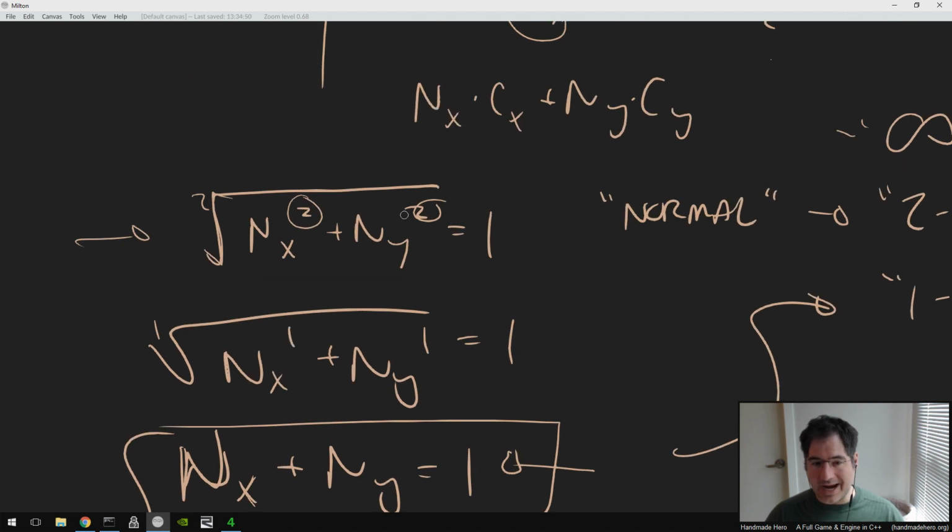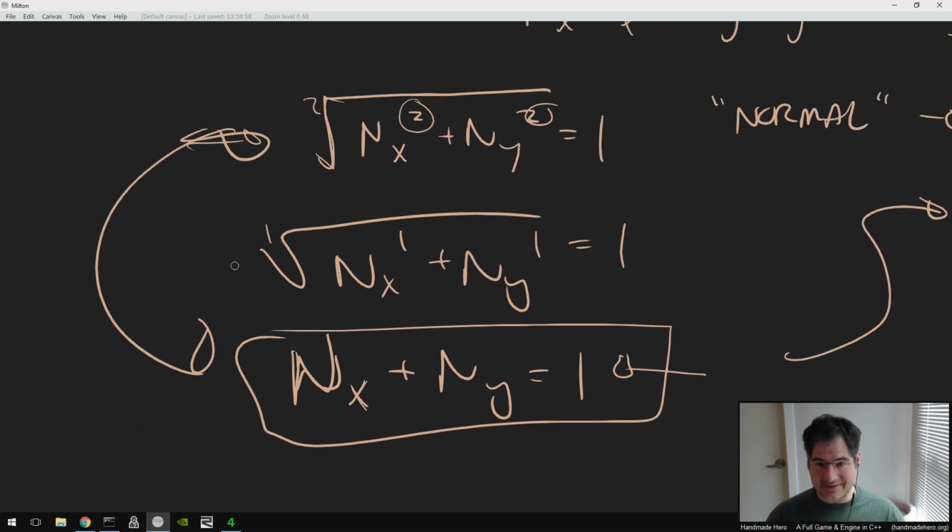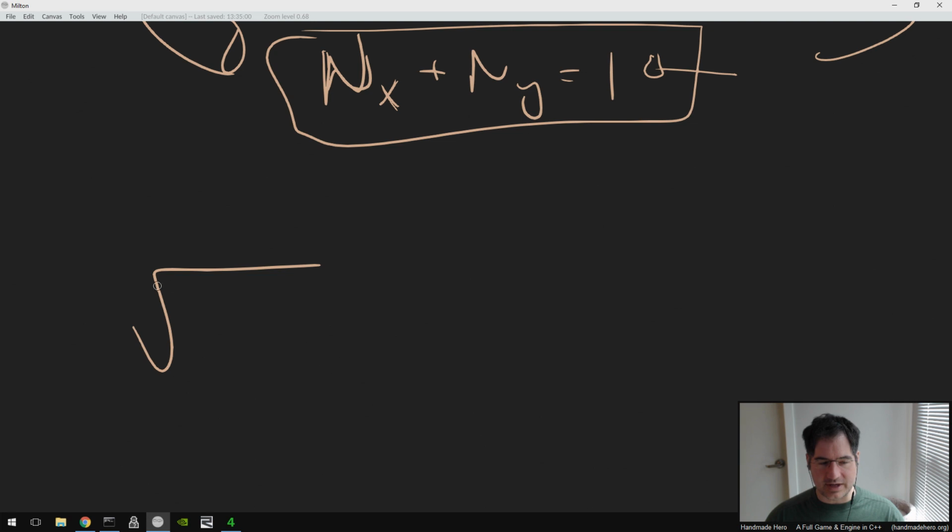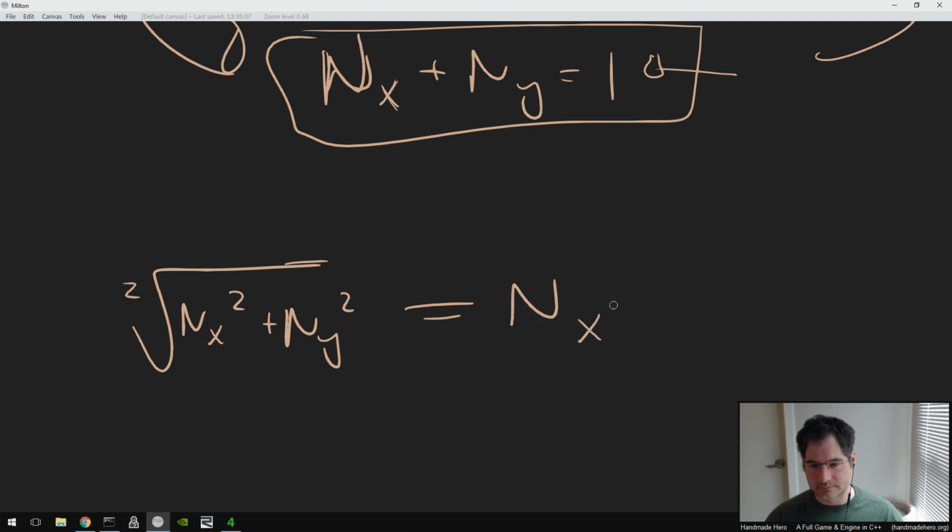If the square of the values square rooted sums to 1, well, this is not the same, right? This equation is not true. These are not the same.